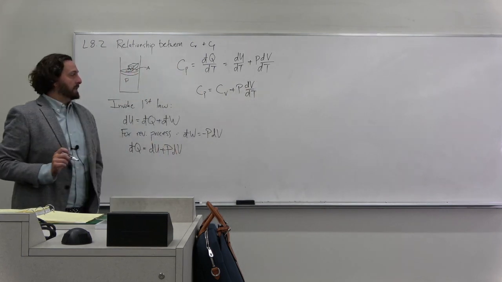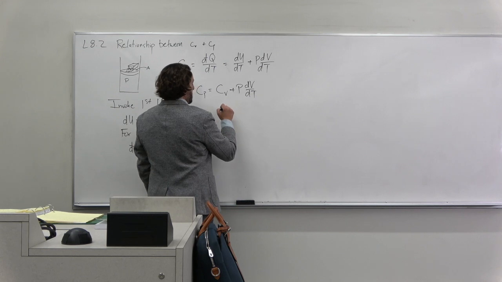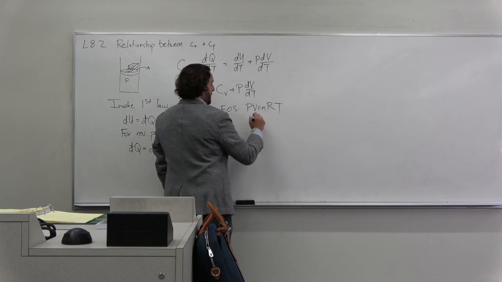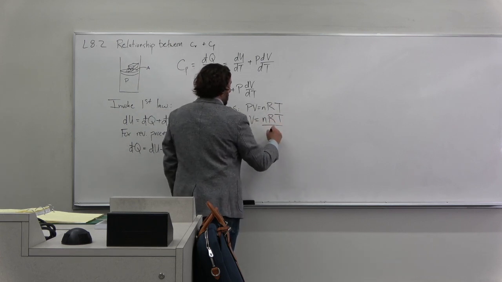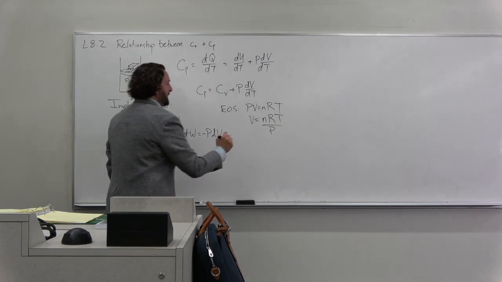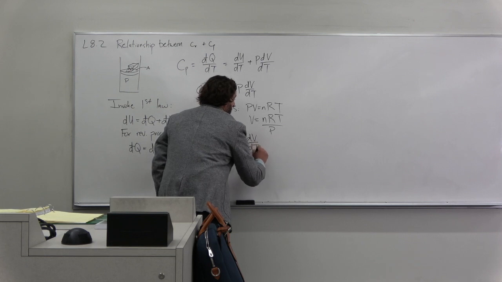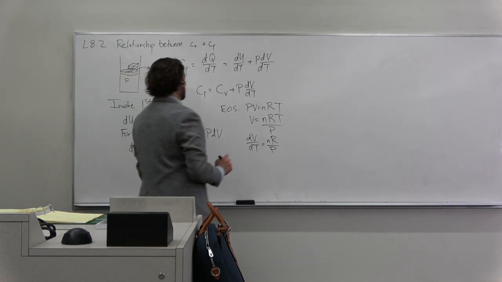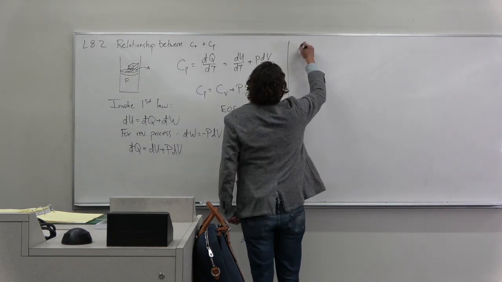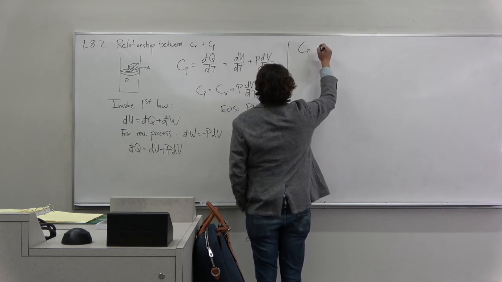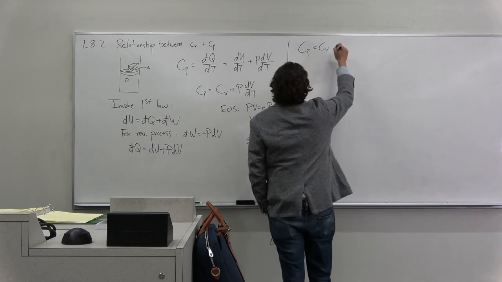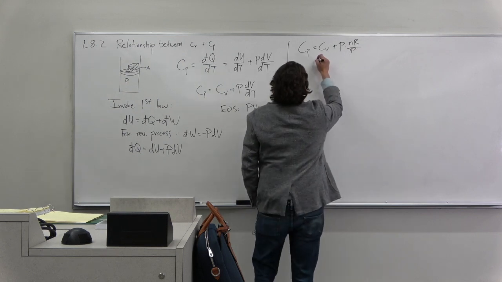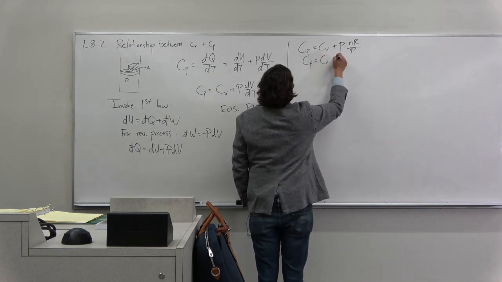Okay, let's look at what dV/dT is. Well, we need our equation of state. Our equation of state is PV equals nRT, or V is nRT over P. So dV/dT is just nR over P. So that means that Cp is Cv plus P times nR over P. Or Cp is Cv plus nR.